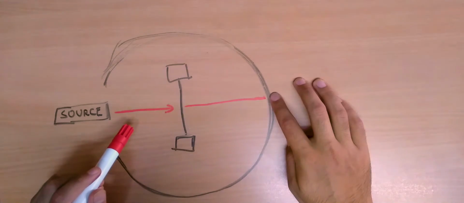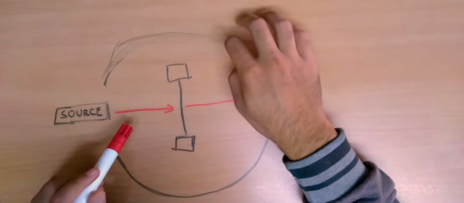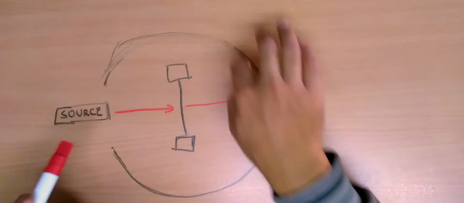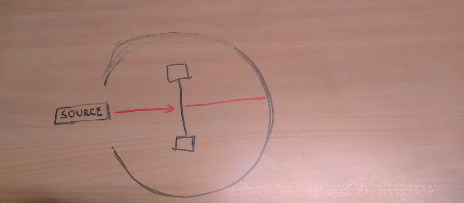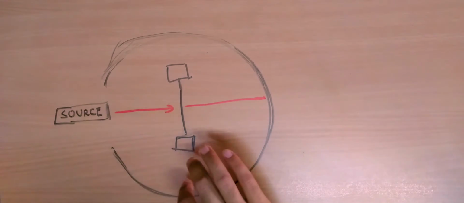If it hits here, there would be a spark here. If it hits here, there would be a spark there, and so on. And this is the basic setup of Rutherford. The screen was there just to record where the alpha particles are hitting.